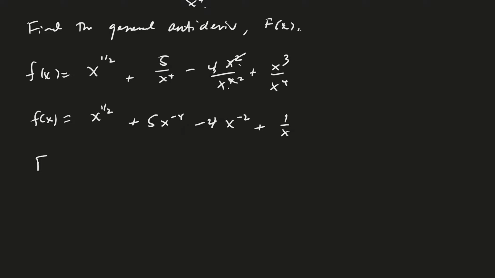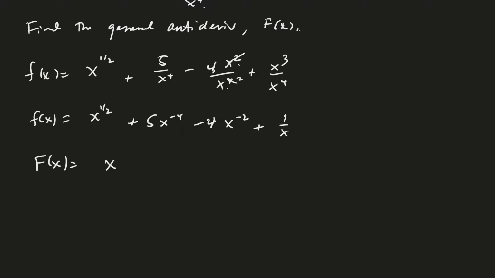So now we can anti-differentiate everything in sight. Instead of taking 1 away, you add 1 to the exponent. So we have 1/2 plus 1, that's 1/2 plus 2/2, which is 3/2. You want to add that first and then put the constant out in front, because you reciprocate that.